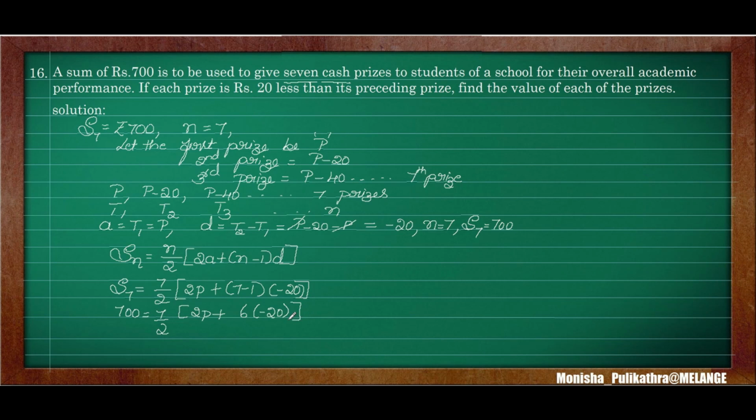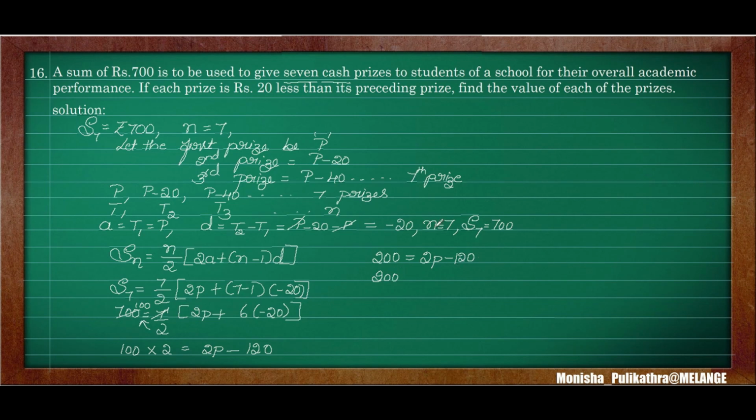Here 7 ones are 7, 7 hundreds are 700. In the next step, we cross multiply. That is 100 into 2 is equal to 2p plus 6 into minus 20. 6 twos are 12, so 6 into 20 is 120. Okay, so 100 into 2, 200, is equal to 2p minus 120.